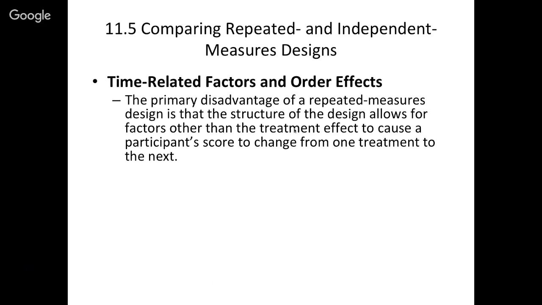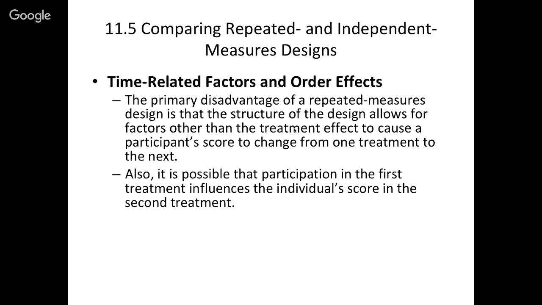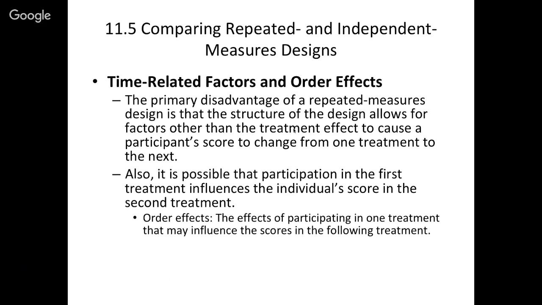For example, we have the order effect. We always have one treatment condition before another treatment condition. For example, the before therapy condition is always right before the after therapy condition.